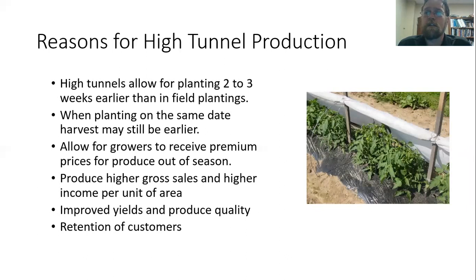Another advantage of high tunnels is we can see increased yields for the crops that we grow inside the high tunnels, as well as increased produce quality. And by producing earlier and by being able to produce crops later in the year, we develop a relationship with customers, and that can help us retain those customers throughout the growing season.